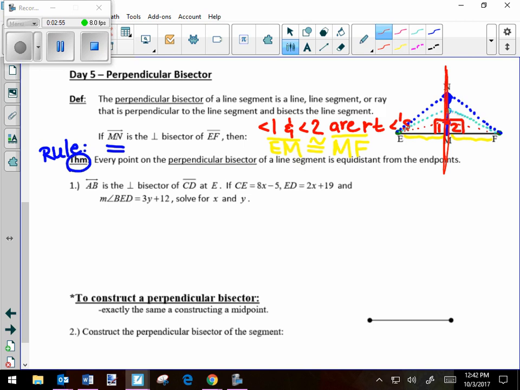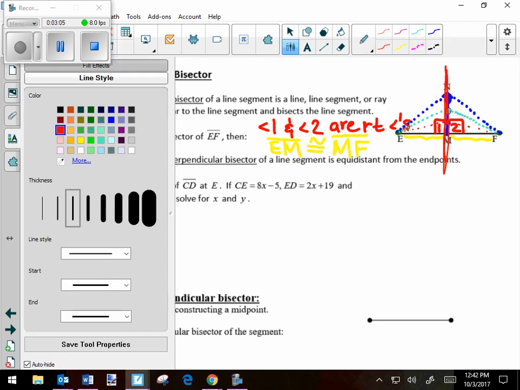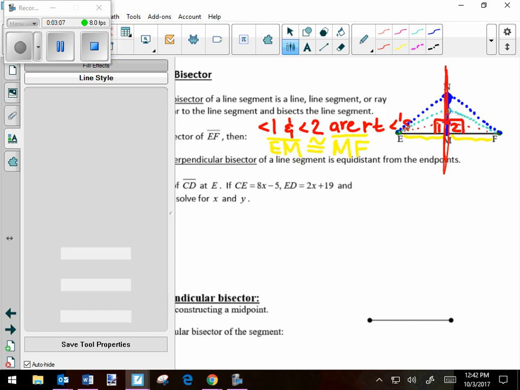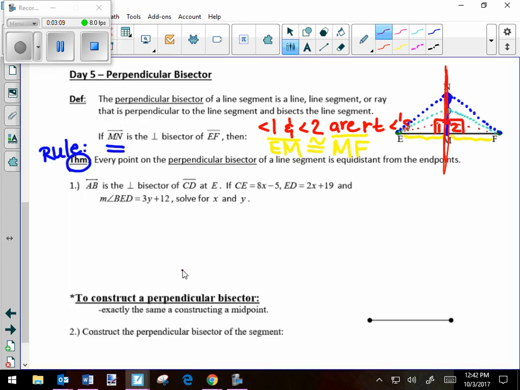So question number 1 talks about how AB, line AB, is the perpendicular bisector of segment CD. So I'm going to draw a picture for that. What I have in my picture is a segment that goes from C to D, and then I have a line AB that is going to hit CD at a perpendicular and be the bisector of it.